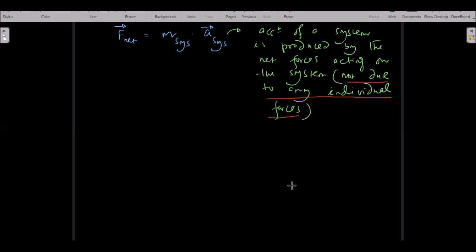Very important to know. Remember this entire line: acceleration of a system is produced by the net forces acting on a system, not due to any individual forces. Okay. Fine.